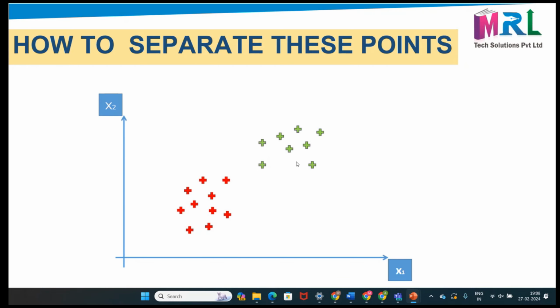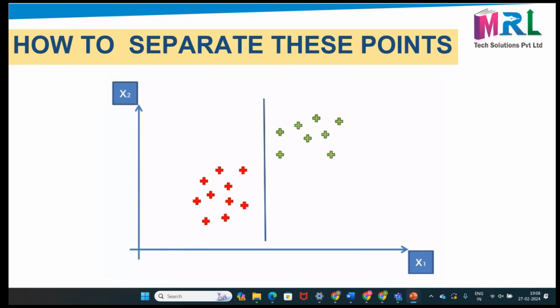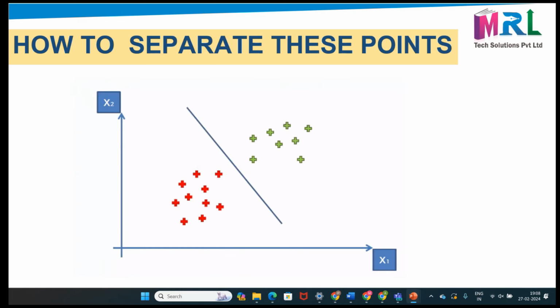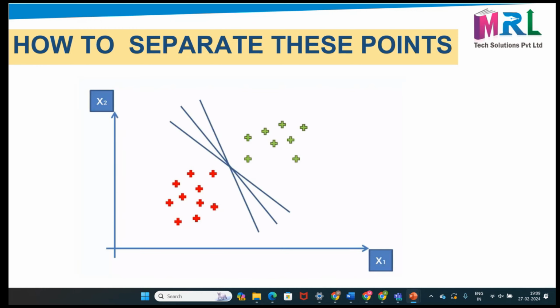So you can easily separate them with a vertical line, or a horizontal line, or a slope line. You have various types of lines to classify these two groups in the data set. So our algorithm classifies the data set into two groups. And we can use these methods.